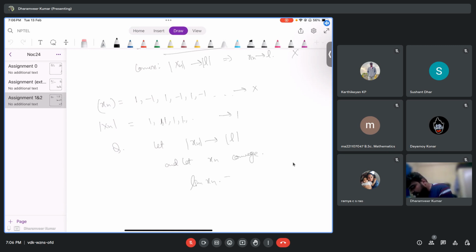It could only be plus minus mod L. That's it. Good. Mod L basically, L is not necessarily positive, but yes, plus minus mod L. Very good.